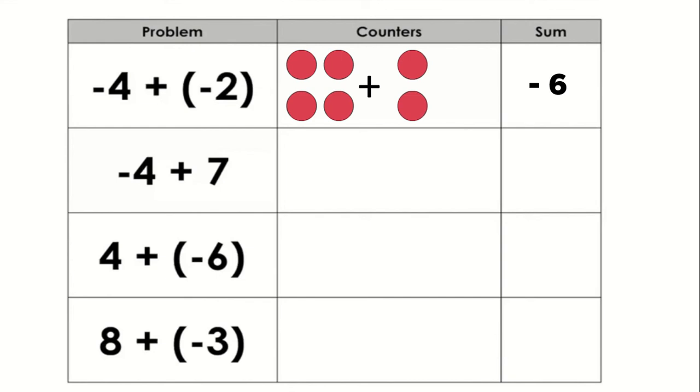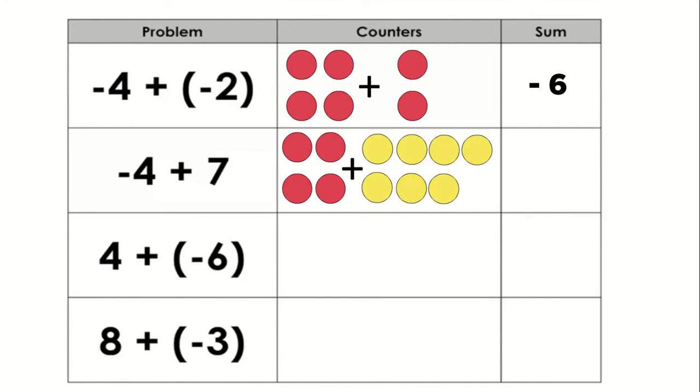So the sum would be negative 6. How about negative 4 plus 7? Negative 4 is 4 red counters. Positive 7 means 7 yellow counters. There will be 4 zero pairs here, so we have 3 yellow counters left, which can be represented by positive 3.